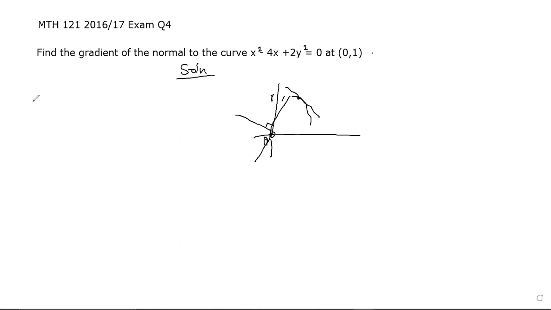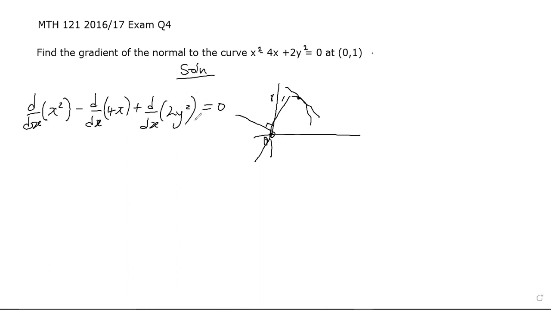So if we differentiate that, that's d/dx of x squared, minus d/dx of 4x, plus d/dx of 2y squared equals 0. So we differentiate it so that we find our dy/dx.